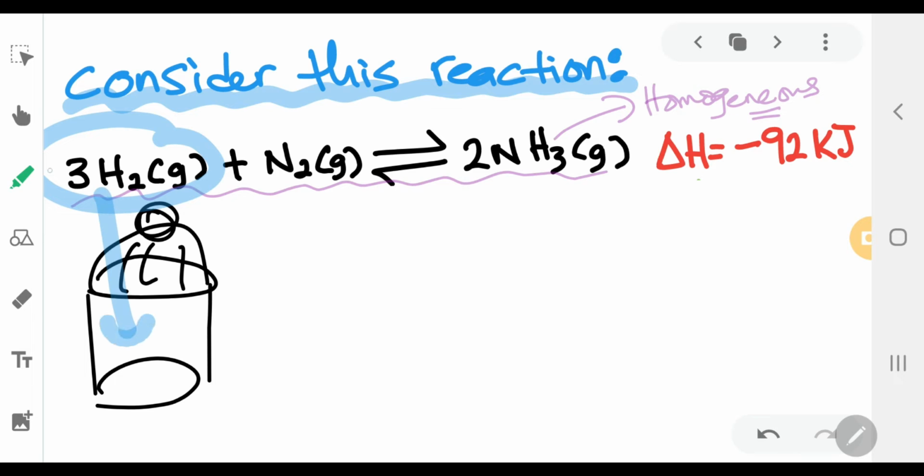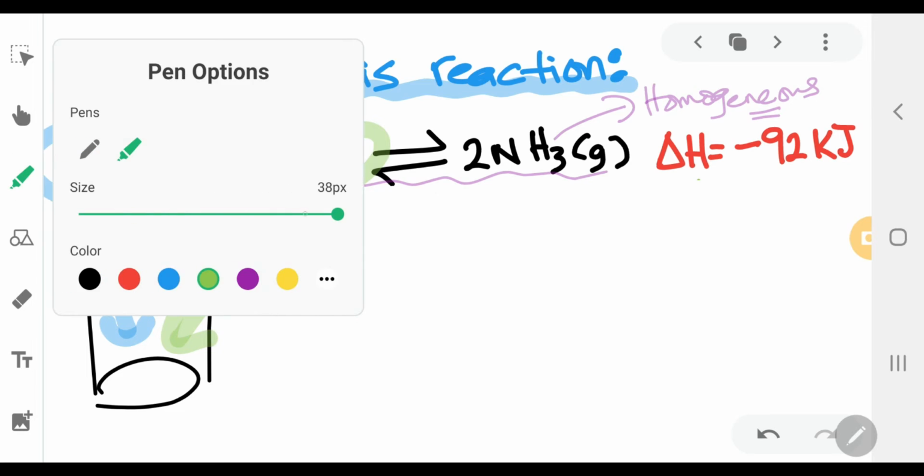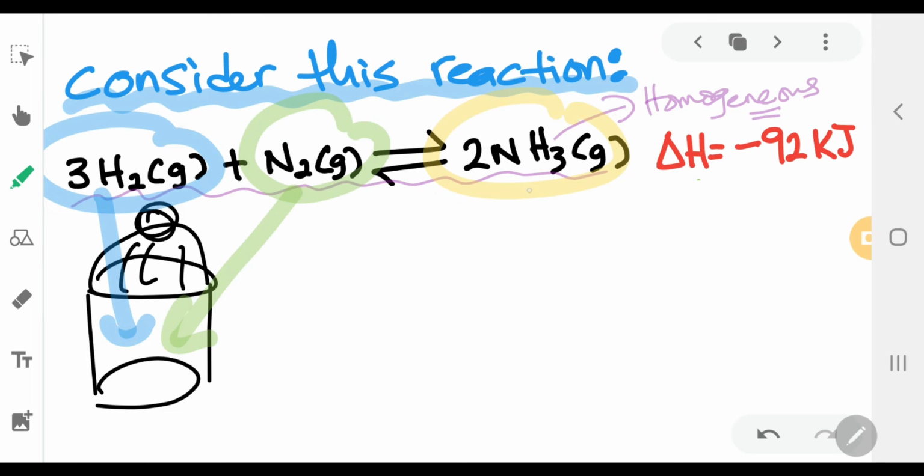Your H2 and your N2 will be in there, and also NH3 will be inside the same vessel.